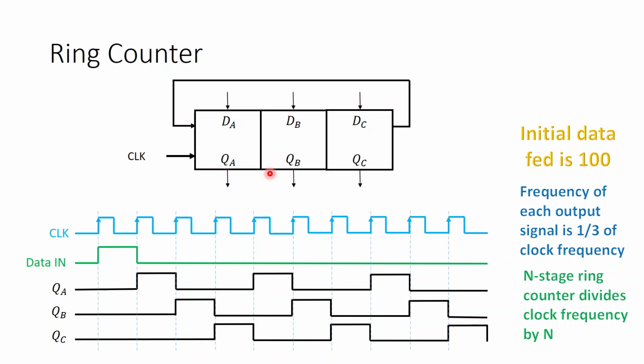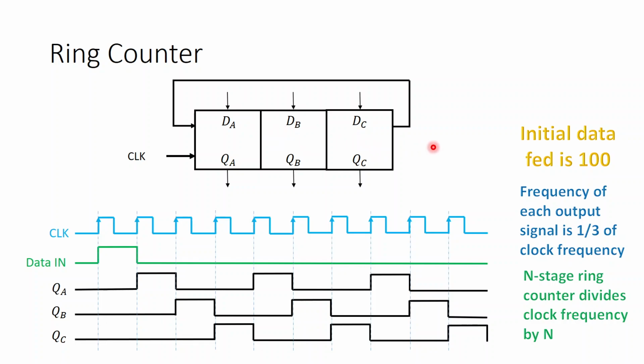With the shift registers, if we connect back the output to the input, so this was the data in and this was the data out, correct? So the data out is connected back to the data in, and now you are preloading the shift register with something. What will then happen?